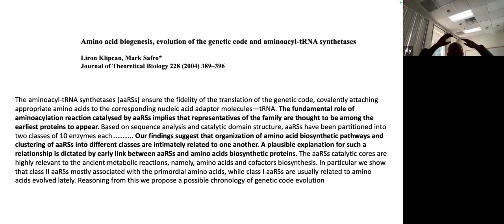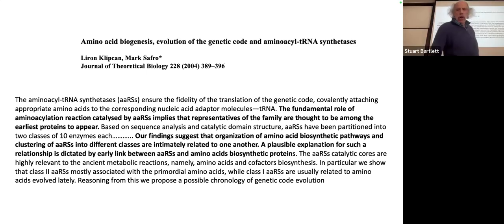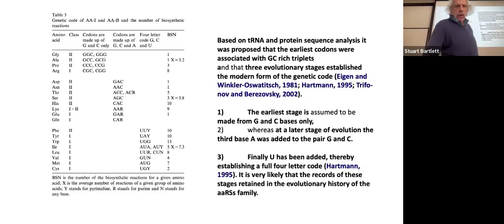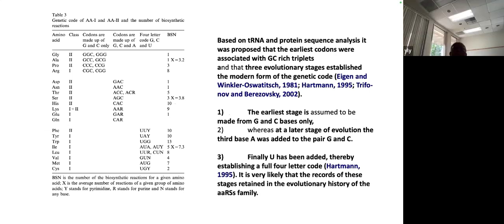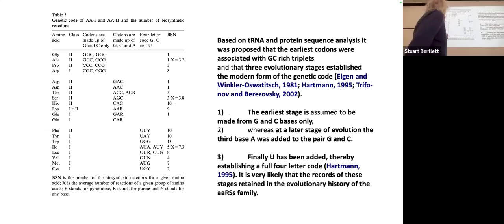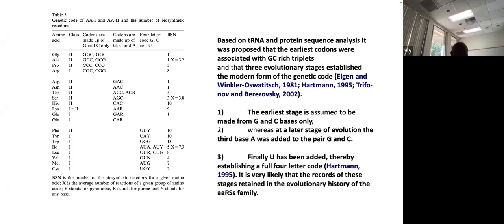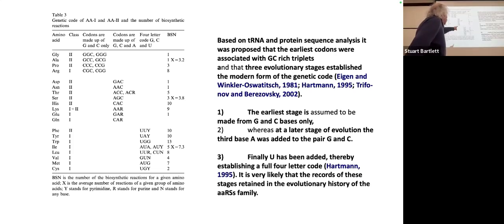Reasoning from this, we propose a possible chronology of the evolution. And here's their chronology, and here they give you the number of steps. Those coming from class 1 basically have a lot more steps involved.